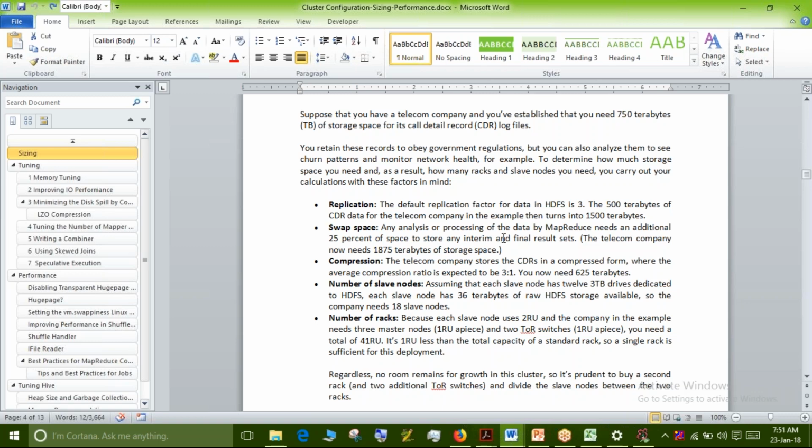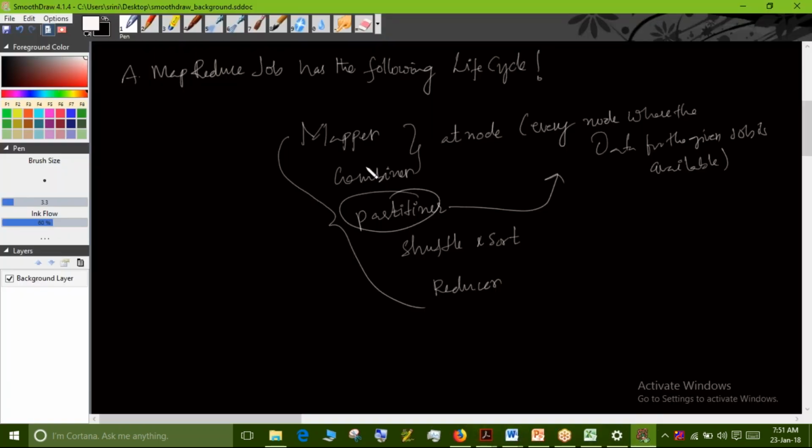And what is the swap space that is needed? Why is this swap space needed? That is where I have explained the MapReduce job phases here. I'll have a lot of mappers running.